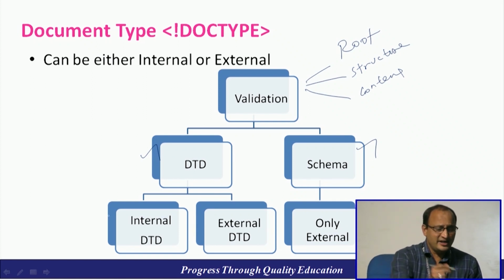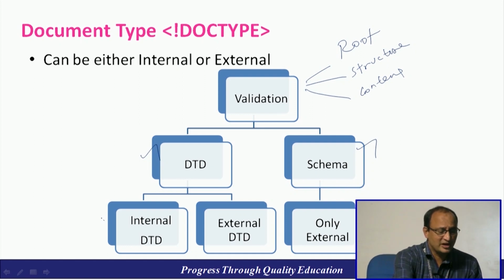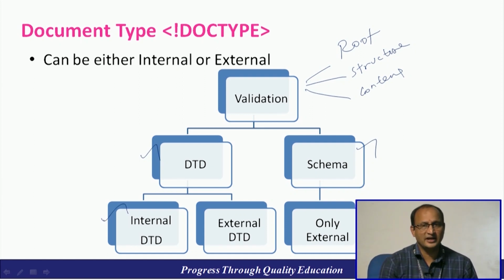The internal DTD and external DTD are the two categories of DTD. What is the use of having these two categories? In the sense, we want to apply the rule set for one particular XML document, not for validating other XML documents. In that case, better we can go for internal DTD.